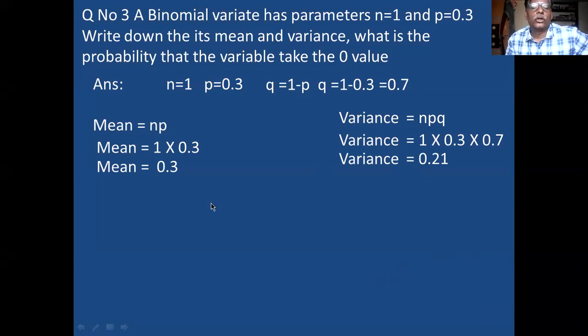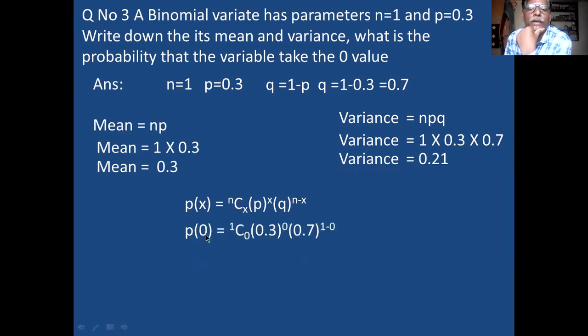Okay. So you write the equation. Probability of x is equal to nCx, p raised to x, q raised to n minus x. This is the equation of binomial. In place of x, you put 0 and ascertain the answer.